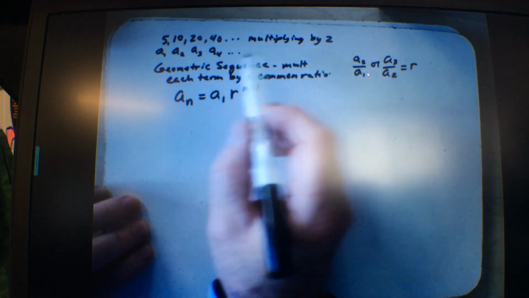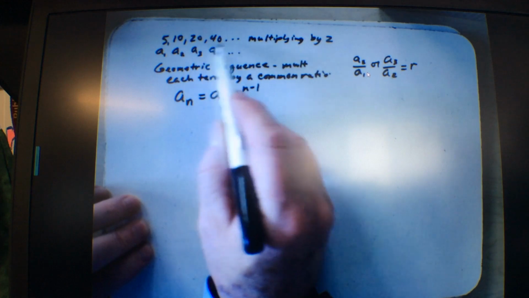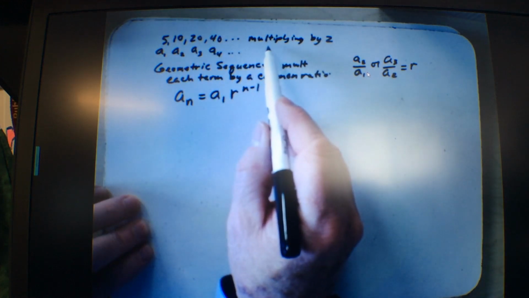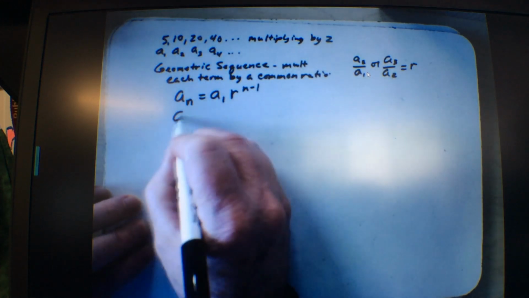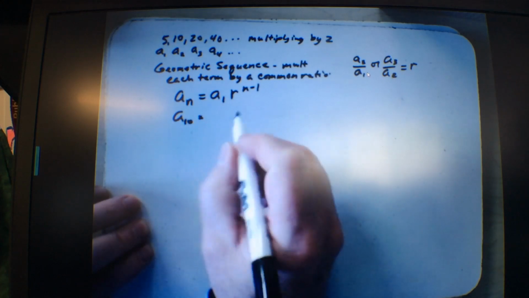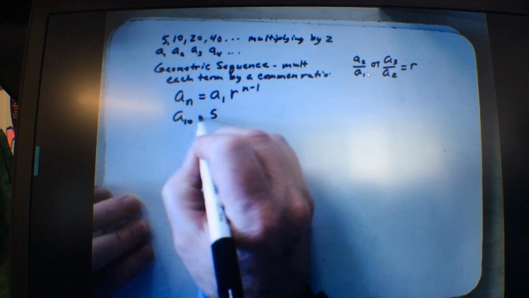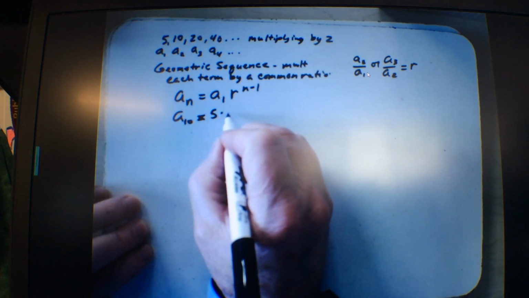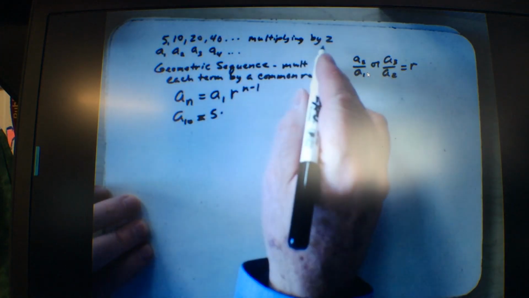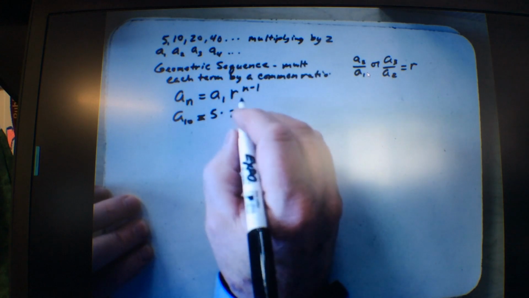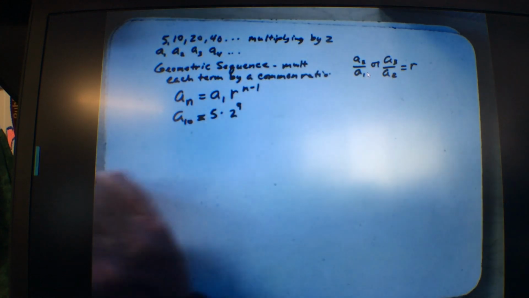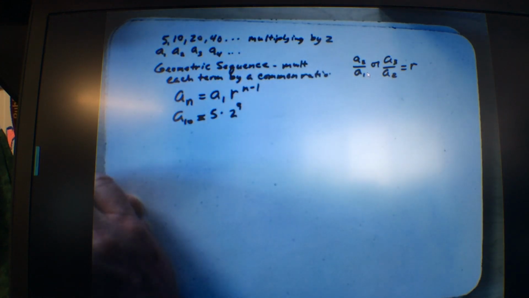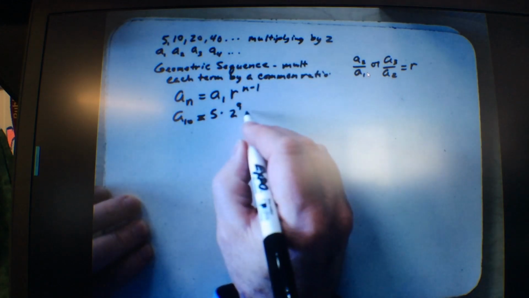All right, so if I wanted to find the 10th term in this, I would go a sub 10 equals the first term, which was 5, times r, the common ratio. What's the common ratio? 2. 2 to the n minus 1, or 9th power, because I want to find the 10th term.